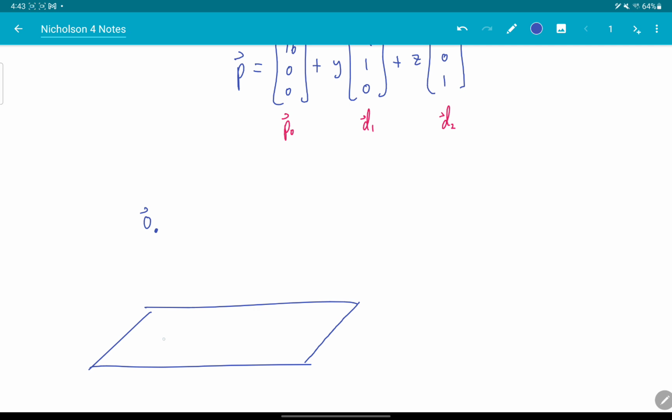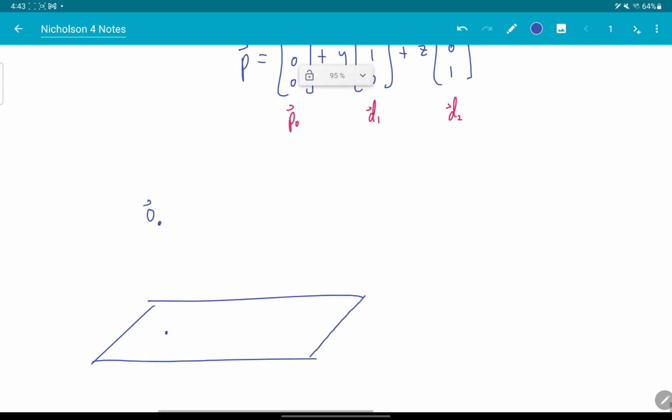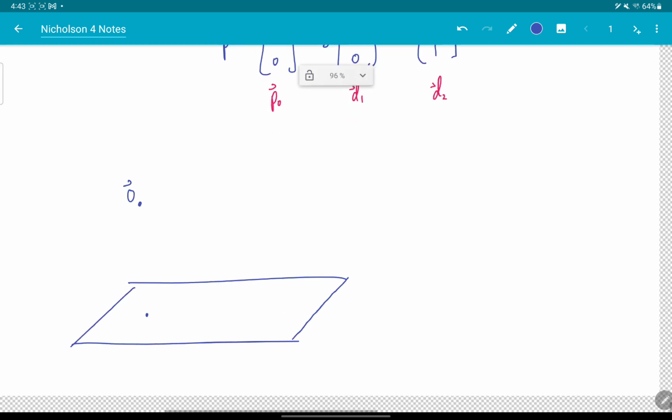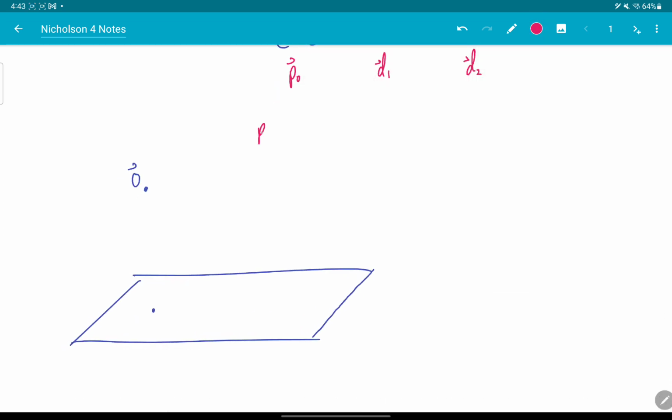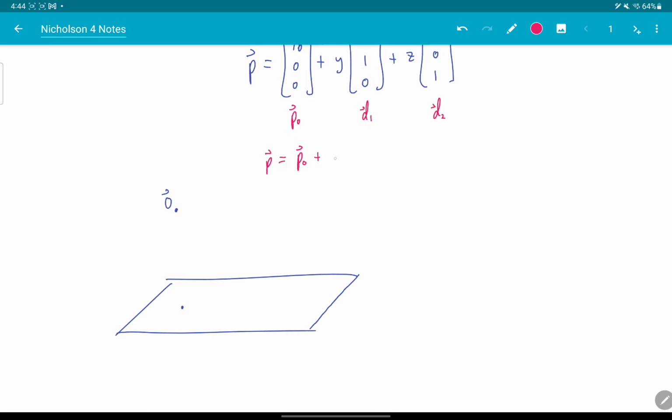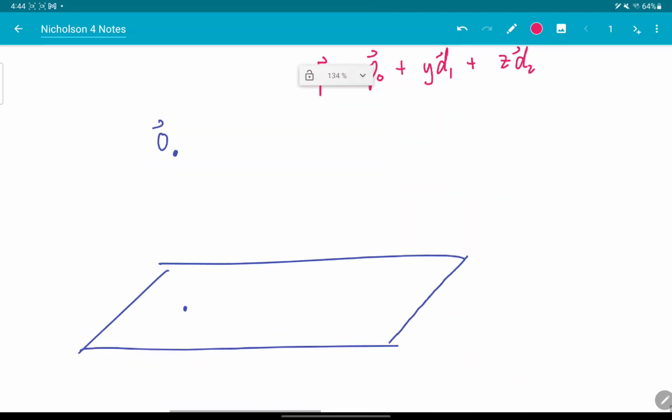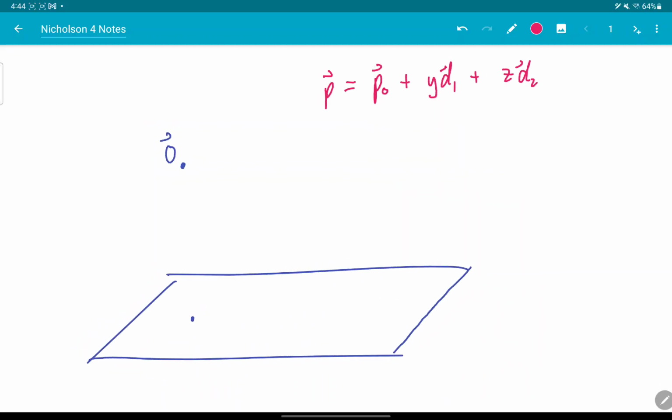Then your p naught is just some point. Why don't we copy the plane's equation here: p naught plus y d1 plus z d2. So we can zoom in here. Okay, so the picture. So this is p naught. There's a point here.